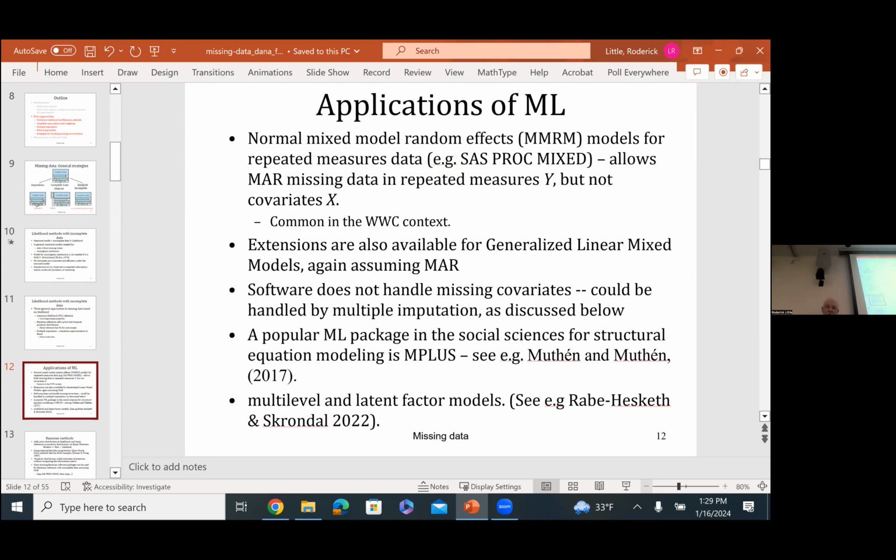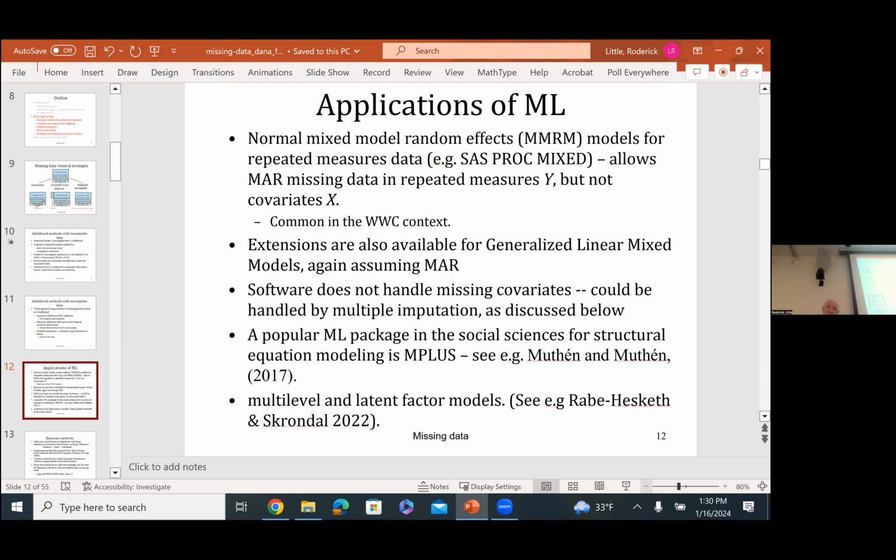Programs like SAS PROC MIXED allow for missing at random missing data in the repeated measures. At least currently, they don't allow for missing data in the covariates. So the covariates, the baseline variables, if you like, are assumed to be fully observed. So that might be a limitation.